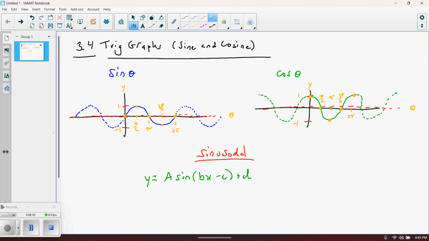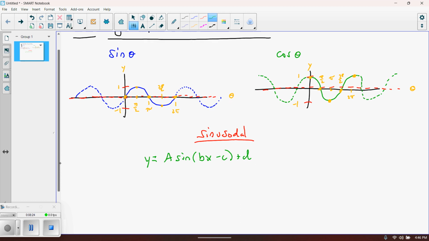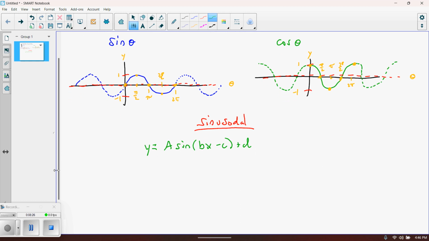Your book, I believe, instead of using a B, uses the Greek letter omega, so I'm going to change it to omega for that purpose. I don't even know that they technically use a letter for the C and D part, so I'm going to leave that in there and explain what all this stuff is.